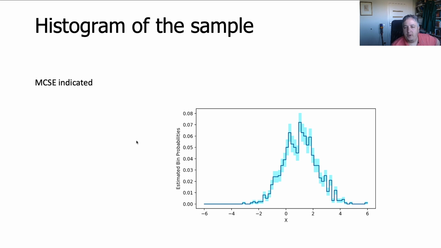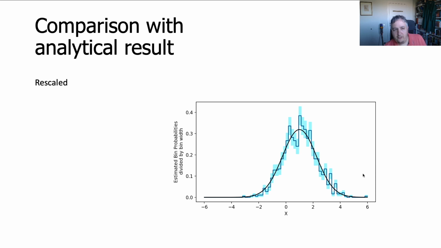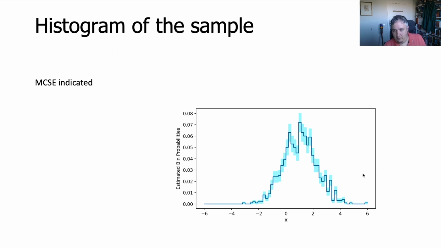And when we compute the histogram, we can see that the histogram also has an uncertainty. This is something that you usually do not see in histograms, but this histogram is the probability estimator. So it estimates the probability density function, and we are not certain where those samples behave.